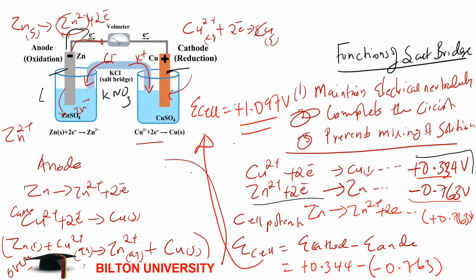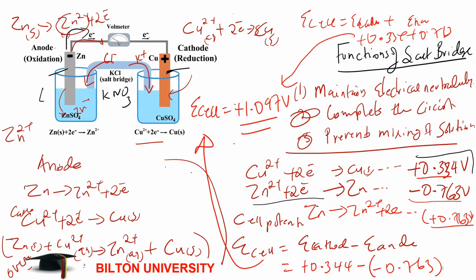Or even if you use the reversed sign, it will still give you the same value, and in that case E cell will be E cathode plus E anode. So that's going to give us +0.334 plus 0.763, which still gives you this answer.